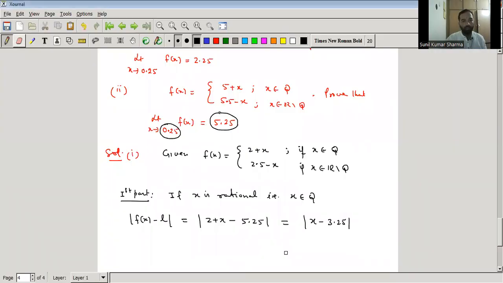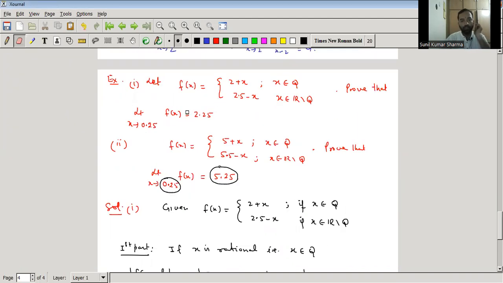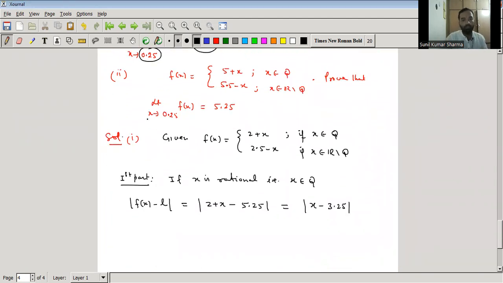Oh, actually, this is not the limit. This L is 2.25. They are considering the limit of the second function. So this is our function, f(x), and this is the limit 2.25, and the point is x goes to 0.25.